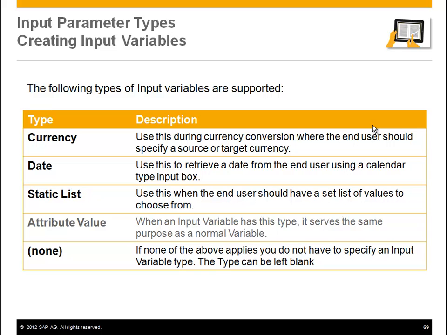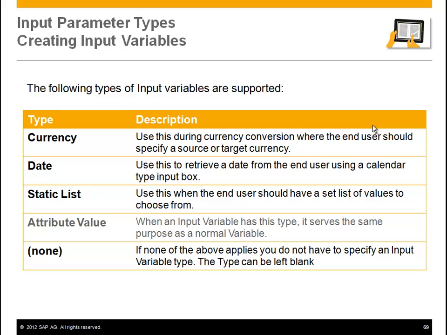So currency is used during currency conversion. So the end user can specify a source or target currency. A date, so you can use this to retrieve a date from the end user. So you could give them a calendar input box. A static list is a list of values which is static basically.